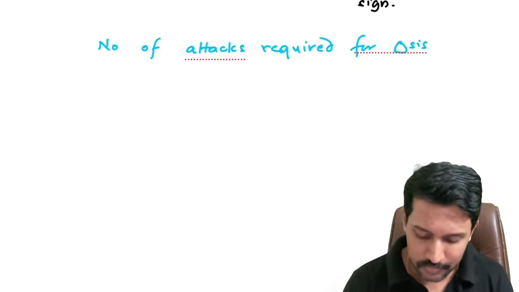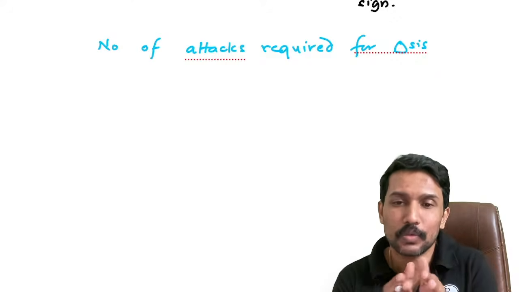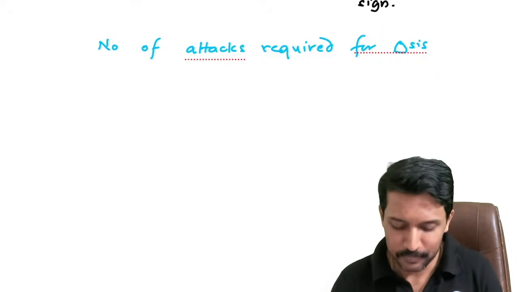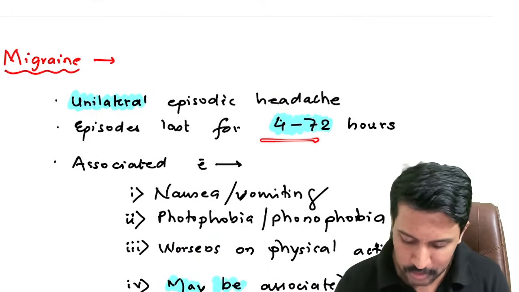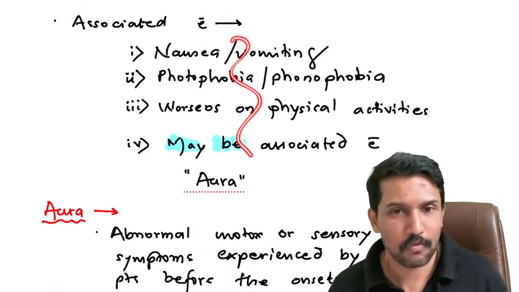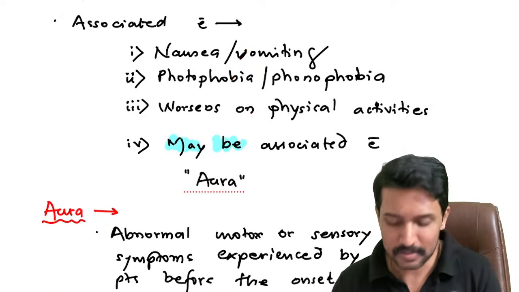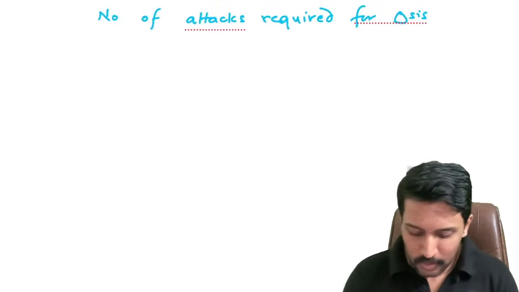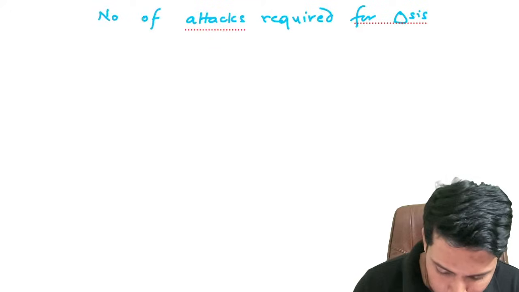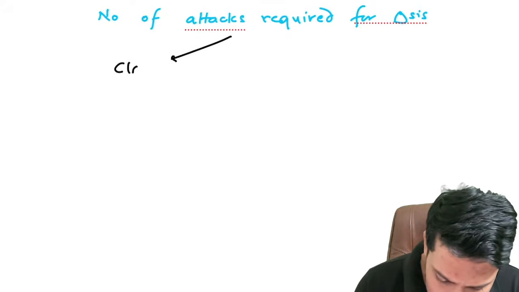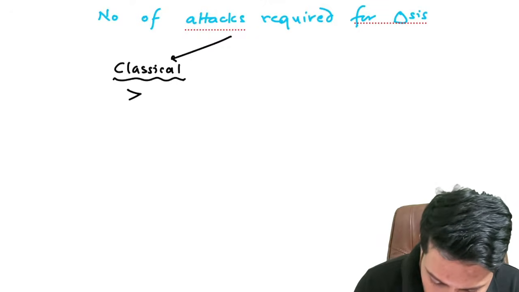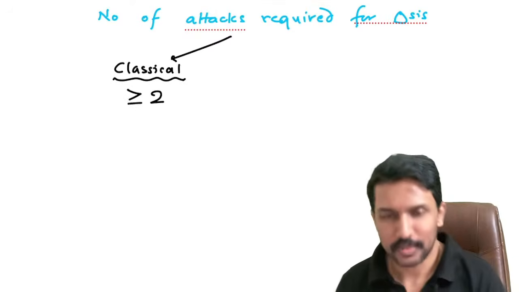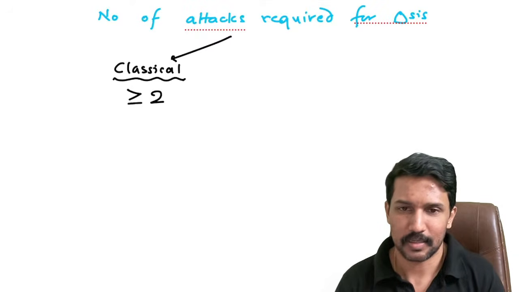So we need to have a minimum number of episodes of headache meeting all the criteria as we discussed. It should be unilateral, lasting for 4 to 72 hours, with nausea, vomiting, photophobia, all these should be present. Then only we can diagnose it as migraine. If it is classical migraine, the number of attacks required for diagnosis is more than or equal to 2. That means the first time we don't label it as migraine.